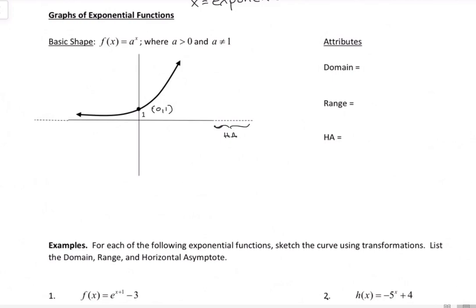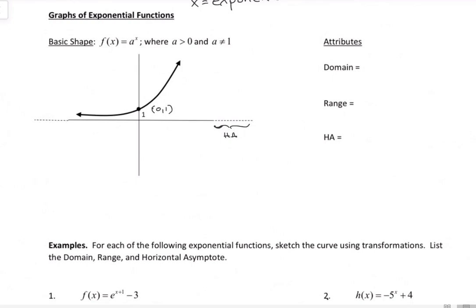So when we do our transformation, the two things we're going to draw in our graph before we draw the curve are that point, wherever it may end up, and where the horizontal asymptote would be. Those are the two things we want to draw first.